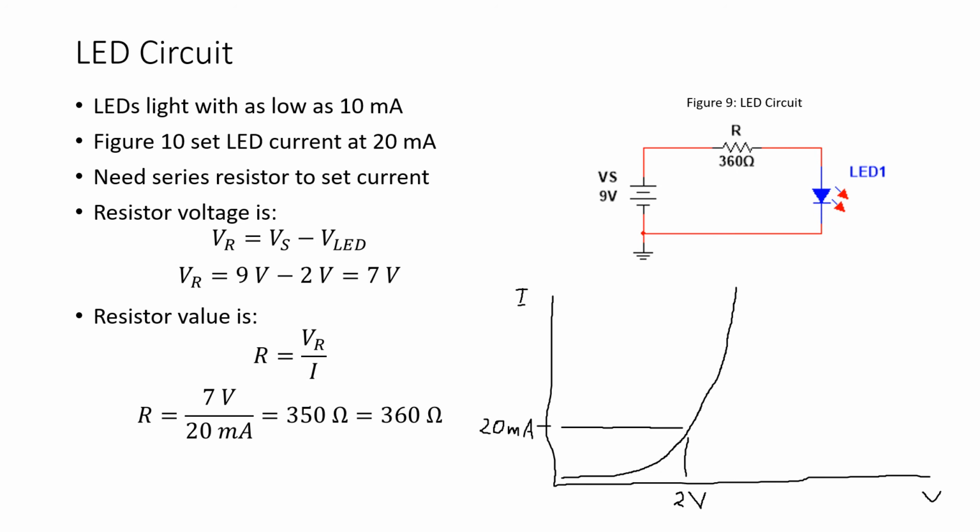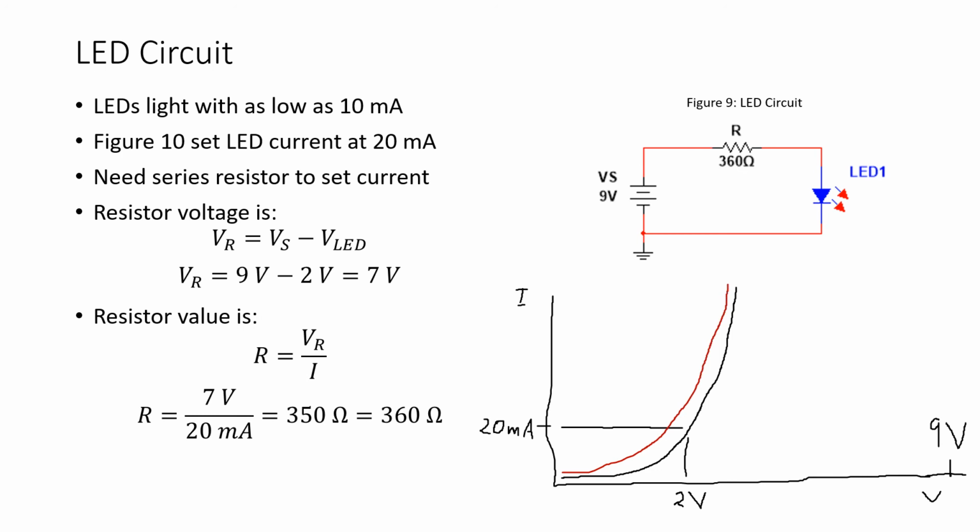Now, if we don't have the resistor R in this circuit, and I were to apply 9 volts directly to that LED, that 9 volts on my graph is somewhere up here. The LED has to operate somewhere on this curve.